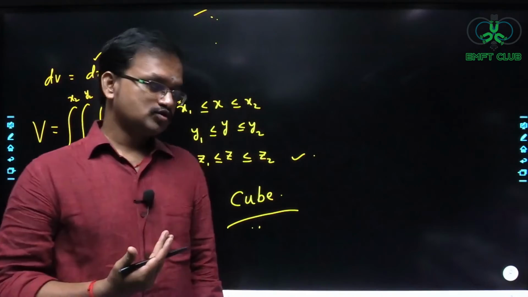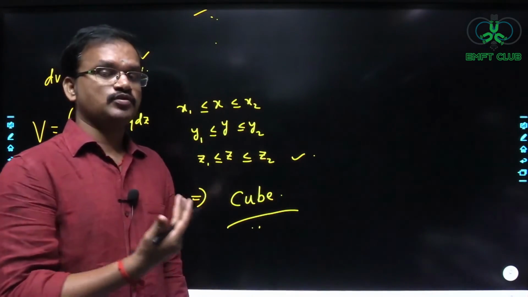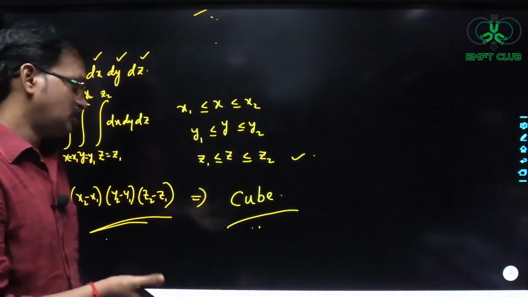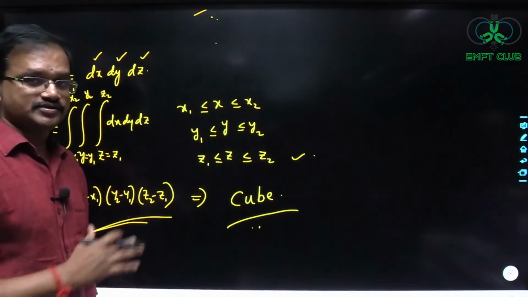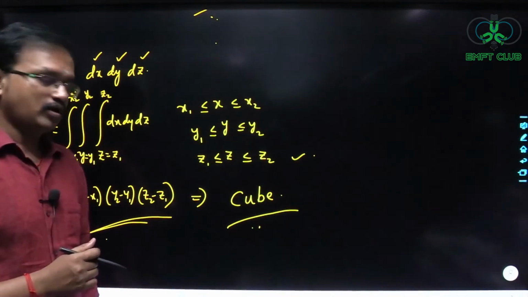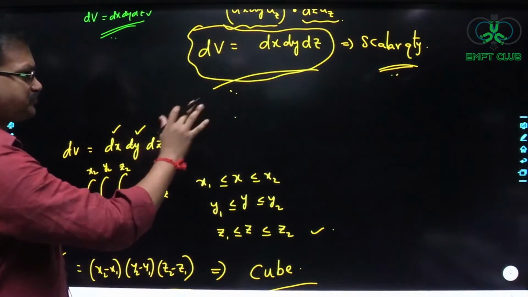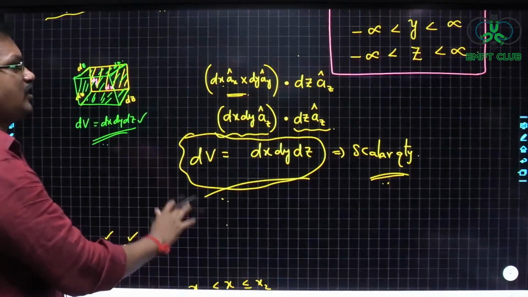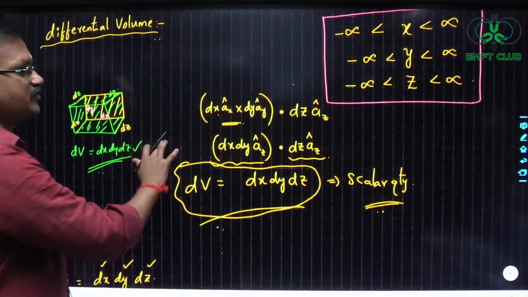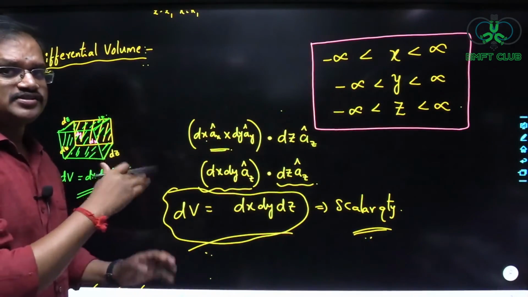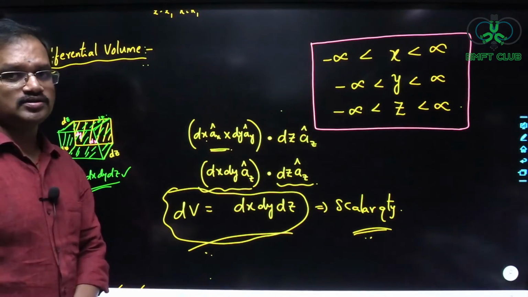As we proceed into the subject, we are going to see the applications of these coordinate systems. Here we will just study about these differential lengths, differential areas, and differential volumes. Their applications we are going to see in the subject.